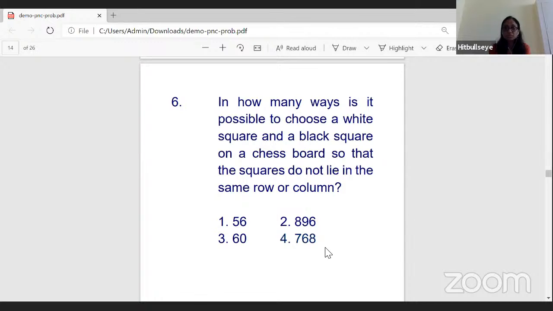Any idea? Okay, so a chessboard has an 8 by 8 structure that you all know, and they are telling you to choose the black one. Yes, that's correct, Rahul. So the black one will be any of those black squares which are available.